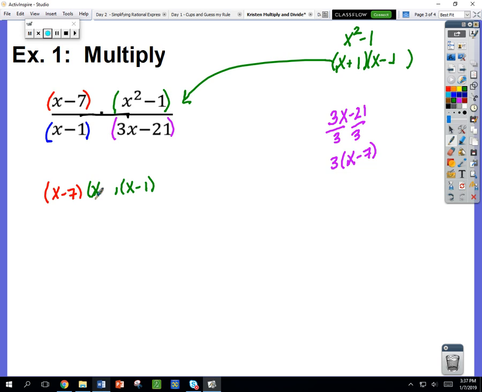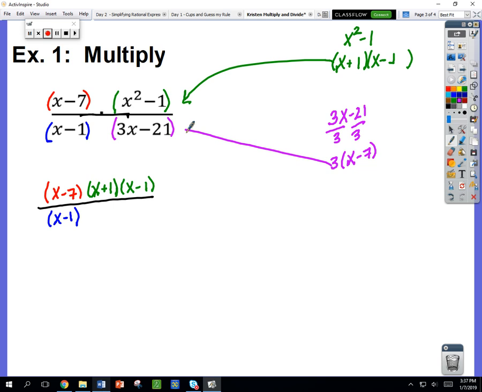Write that a little neater. Okay, so that's the top of the fraction. If I multiply straight across, all of this is on top. And then the bottom. This one didn't change because I couldn't factor it. This one factored over here was 3 and then the parentheses x minus 7.